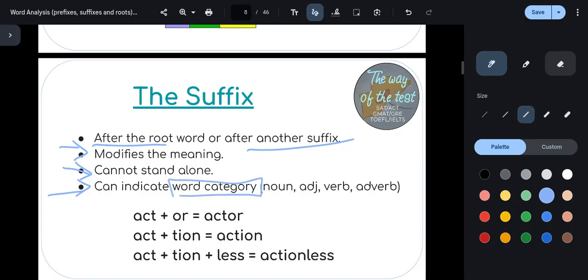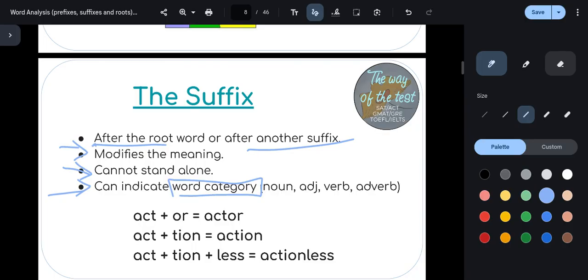And it can indicate word categories. So here we're going to stop a little because, again, if you're watching this video in order to do the vocabulary part of the questions in a verbal section in an exam, sometimes you don't really need to know what information the suffix is adding other than the category of the word.